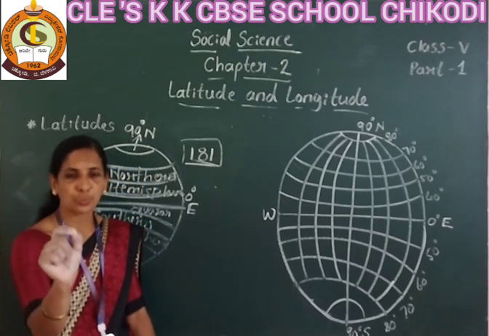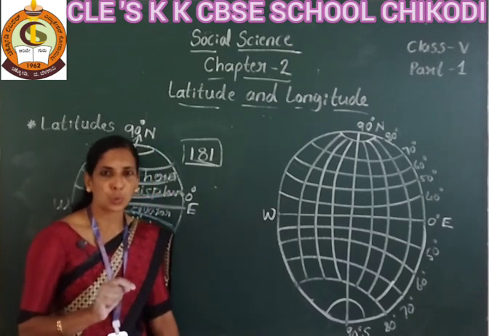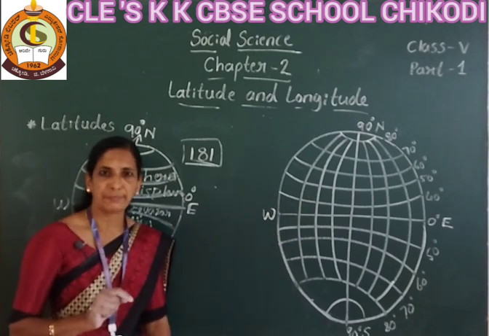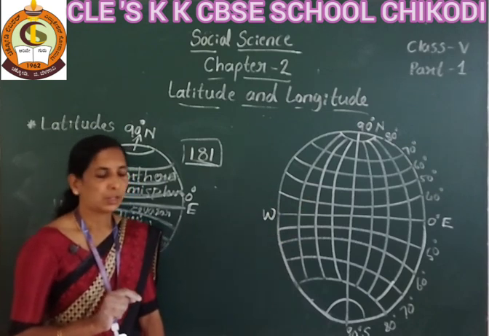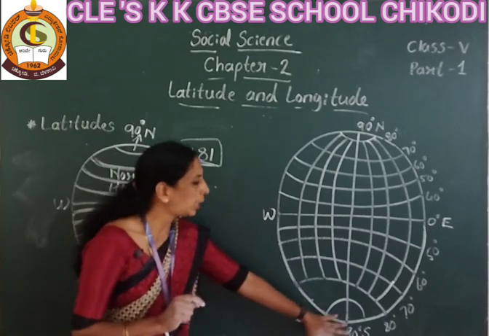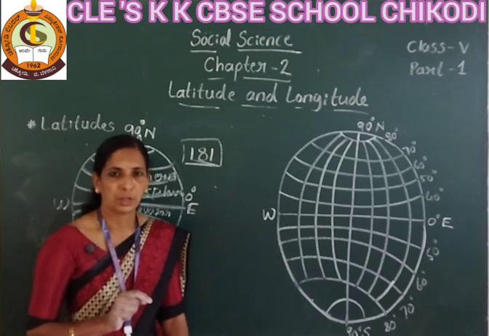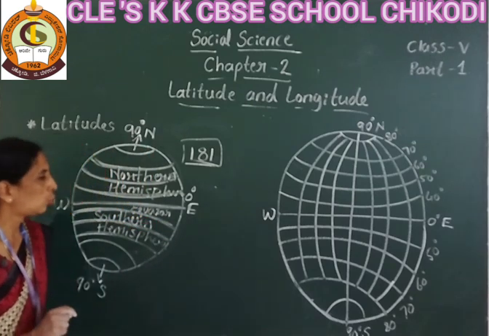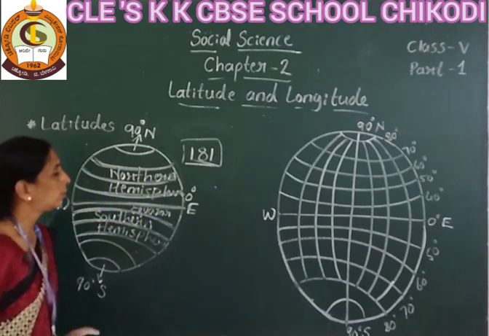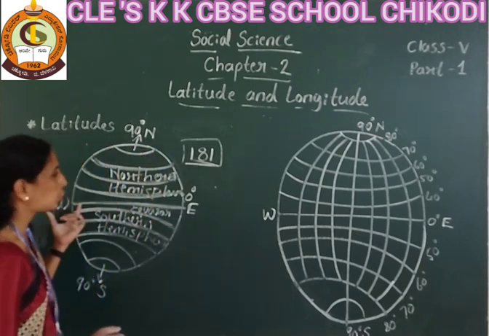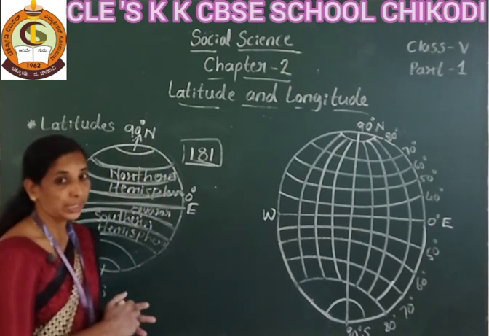N is the north pole and S is the south pole, and E is the east and W is the west. We have mentioned all these poles. Okay students, so these are all the latitudes you have learnt in today's class.